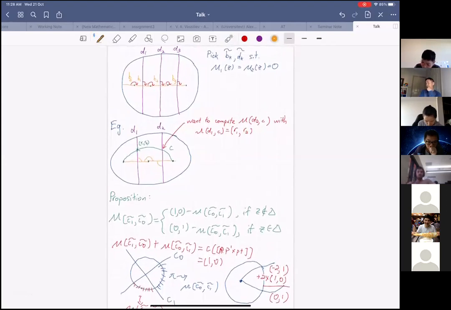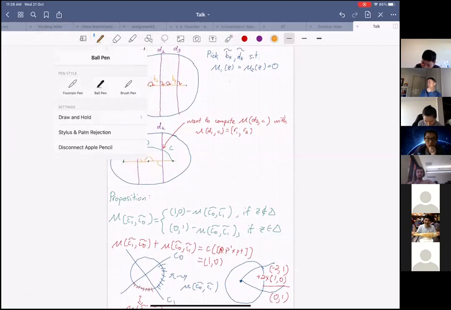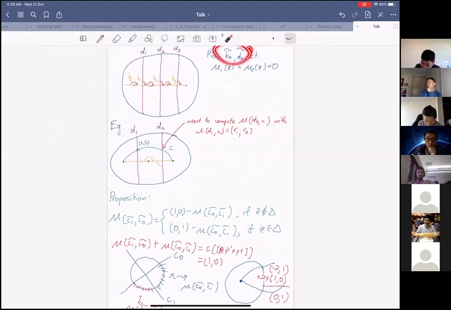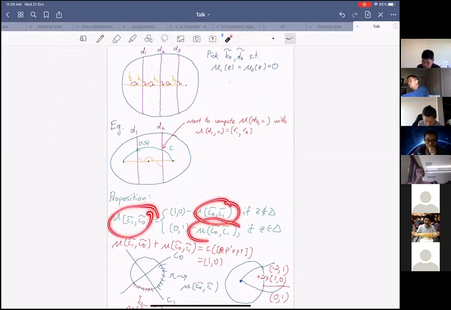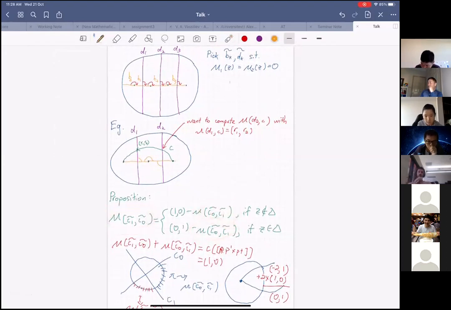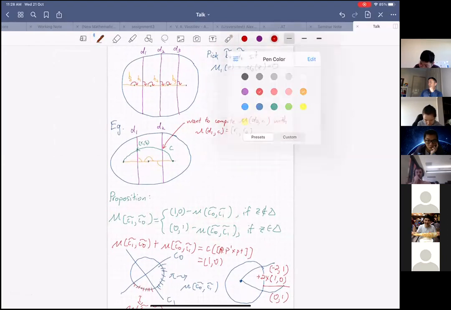I need to tell you how I pick this BK and DK, because different orientation or different arrangement will give you a different number, right? So I need to tell you which clockwise arc I pick. Okay, so actually I'm picking right.